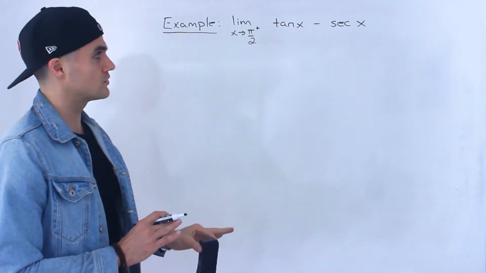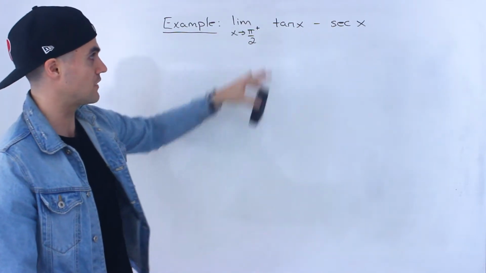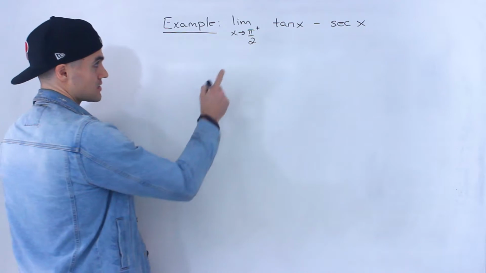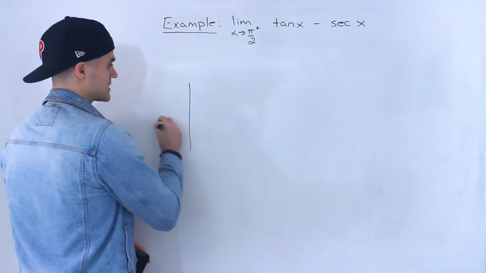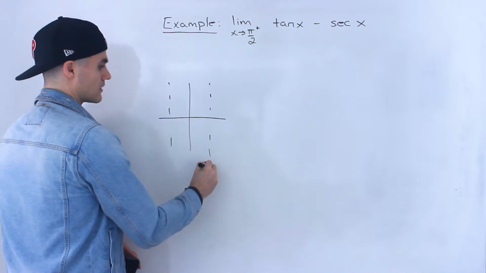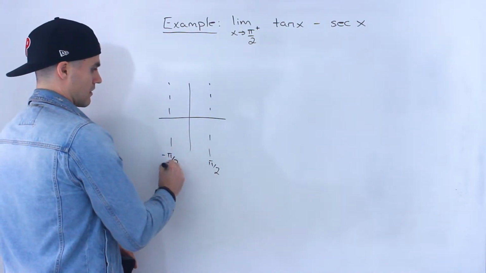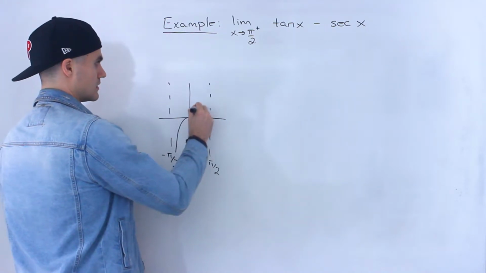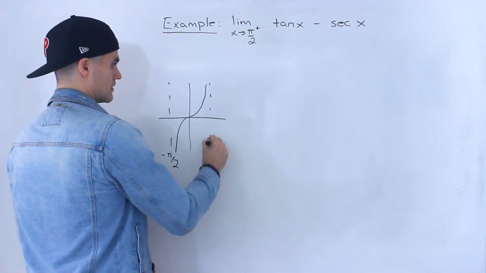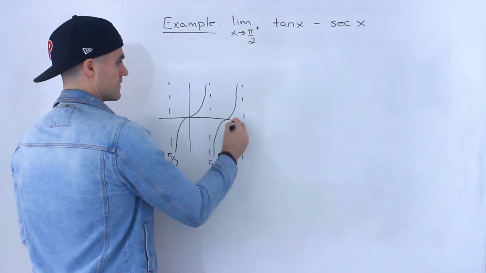Now, what you want to do is do a direct substitution to see what is happening with the function that you're given. So let's start off with tan x. Now, tan x, if you remember the way it looks, is like that, right?